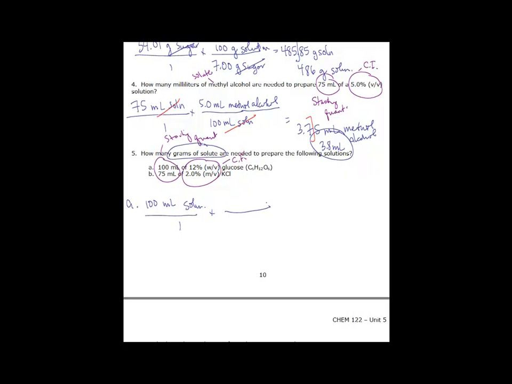It's W over V, so that's mass over volume. So it'd be 12 grams glucose over 100 milliliters of solution. That cancels. So it'd just be 12 grams of glucose. Now be careful, because starting quantity only has 1 sig fig, right? So it would be 10 grams of glucose.